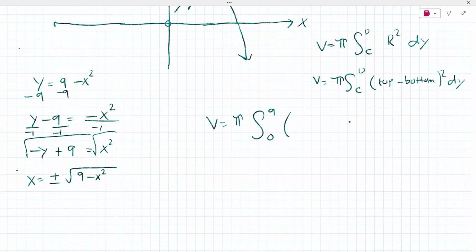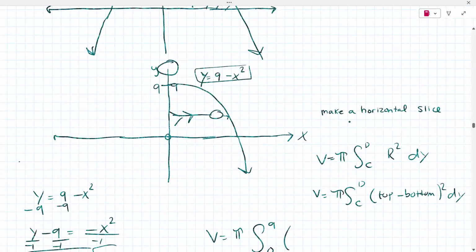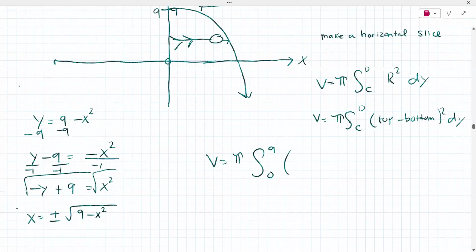And then we're still revolving around horizontal, so our head is touching the square root graph, but we convert it into a, wait, this should be a y. Sorry, because we have to convert it in terms of y.